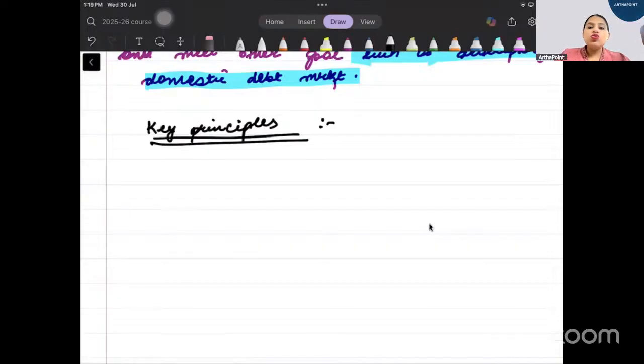And it should also coordinate with fiscal and monetary policy, right? So whenever we take loan, whenever we raise public debt, I need to also see whether it is in accordance with what my fiscal or monetary policy is suggesting at that time, right? Suppose at the same time, I wanted to reduce the supply of money, right?